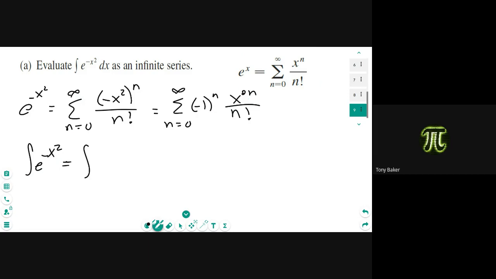So if I plug in 0, what do I get? I get 1. If I plug in 1, what do I get? Negative x squared. If I plug in 2, what do I get?